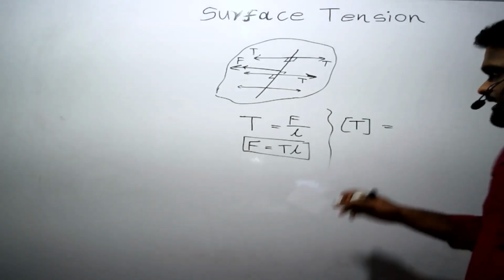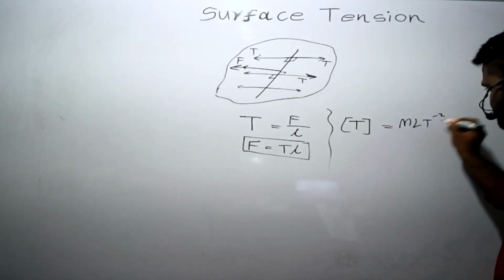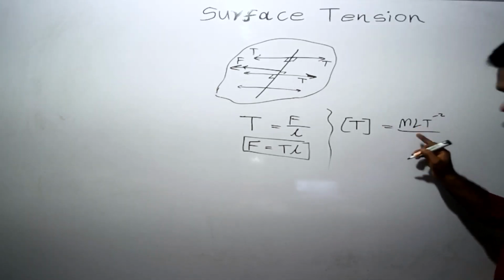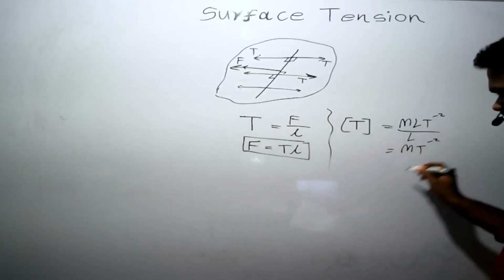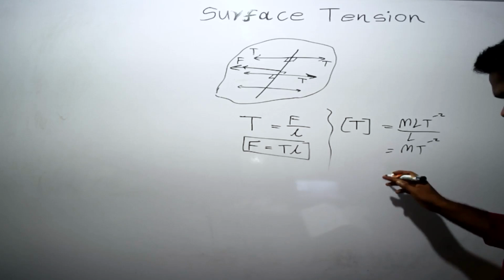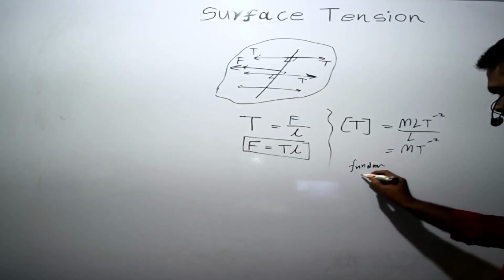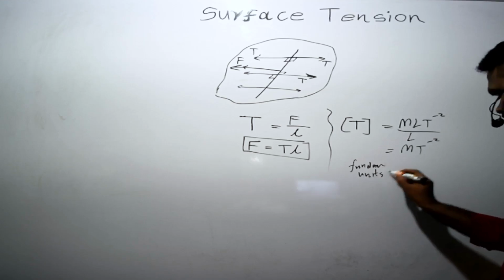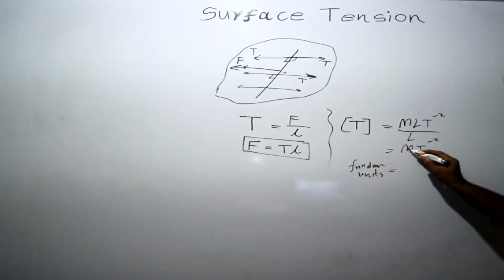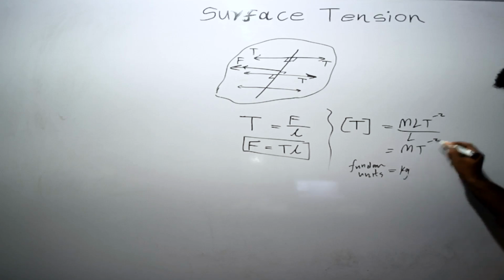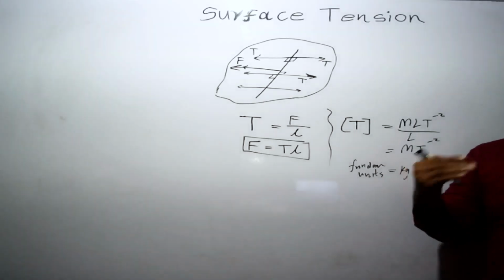Here you have MLT^-2, that is the dimensions of force, divided by length. So you get MT^-2. Then there are some units. What should be the fundamental unit? Based on fundamental quantities, M means kilograms and T means time, so kilograms per square second.